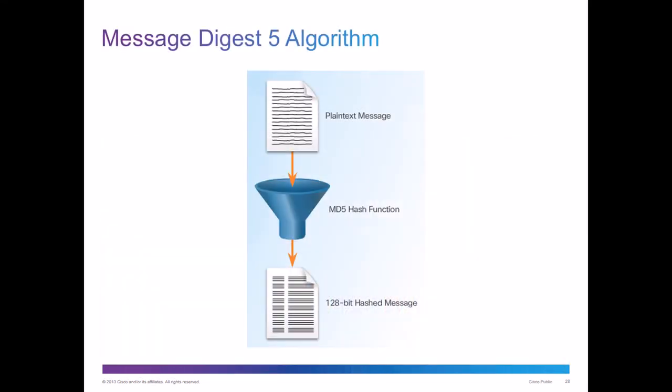All right, so the different types of hashing. Message digest number 5, MD5, you get a 128-bit hash message for whatever the data is. Message digest number 5 has been around for many years. It's been used when we use the enable secret password. That password is encrypted in an MD5 hash.